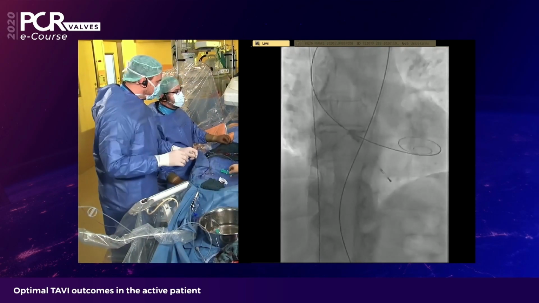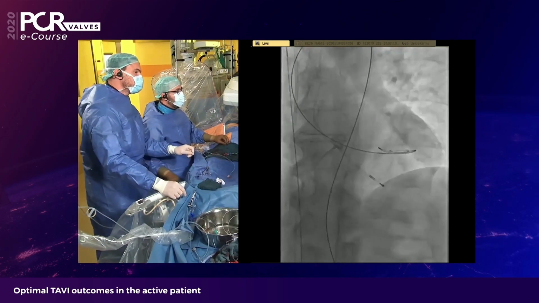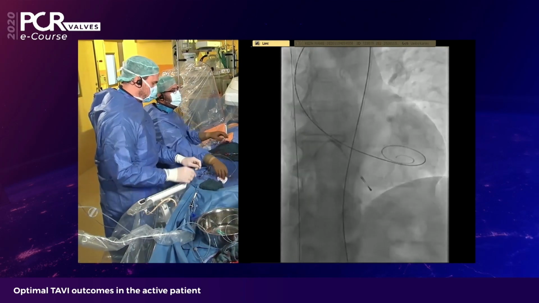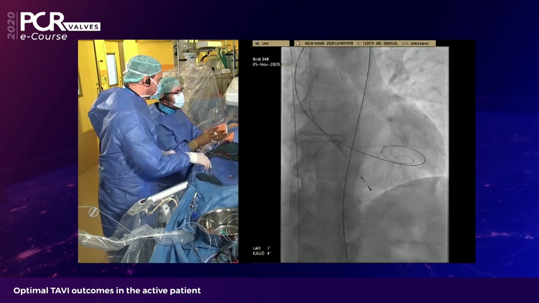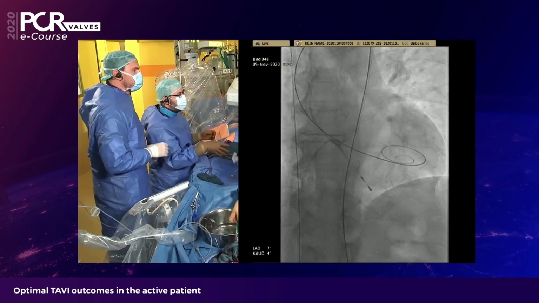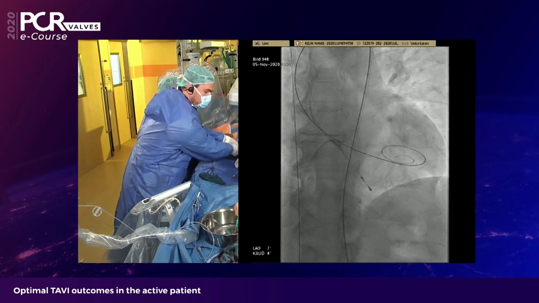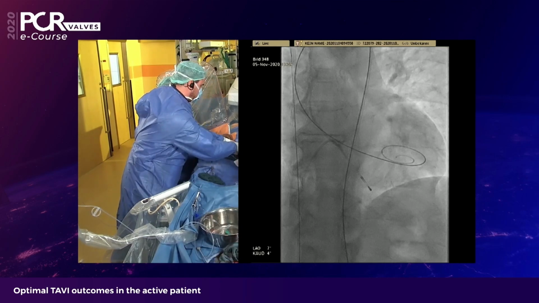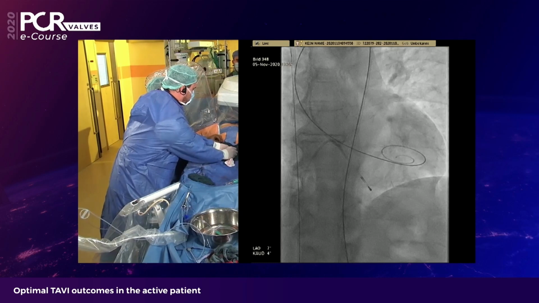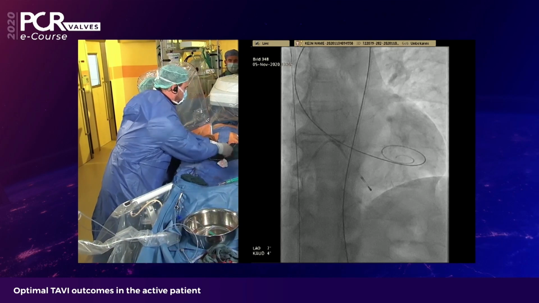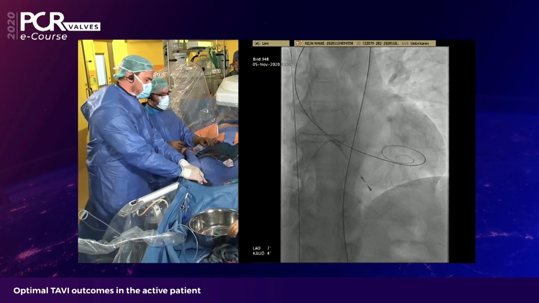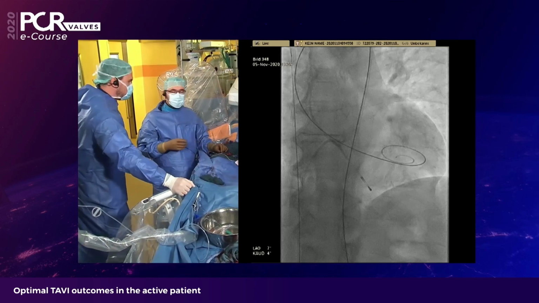Yeah, I think it's an important point, and it's something that probably also needs further evaluation. I've seen recently a very nice study, I think from the group of Raj Makkar, looking at the impact of commissural alignment on valve thrombosis. I think it's not published yet, but it seems, as you mentioned, that it could have an impact not only on access, but also on leaflet function.